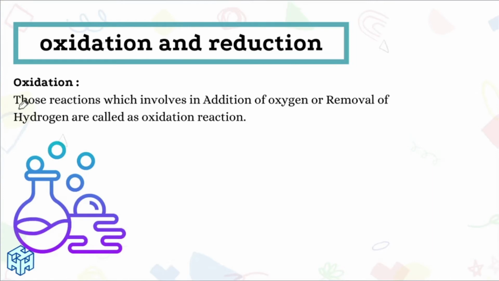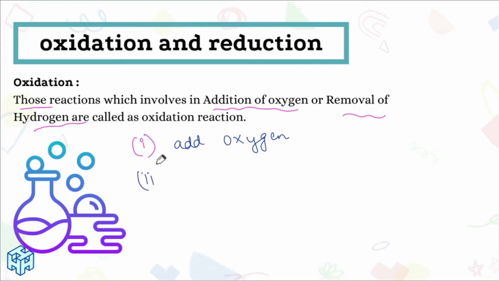First, what is oxidation? Those reactions which involve addition of oxygen or removal of hydrogen. There are 2 points that can be called oxidation. Either I am adding oxygen, or what is the second condition?